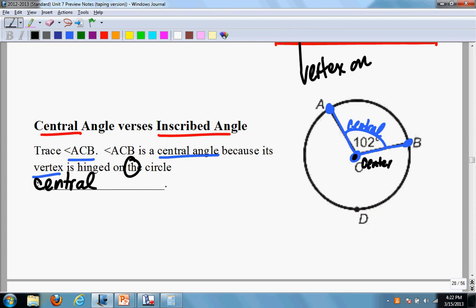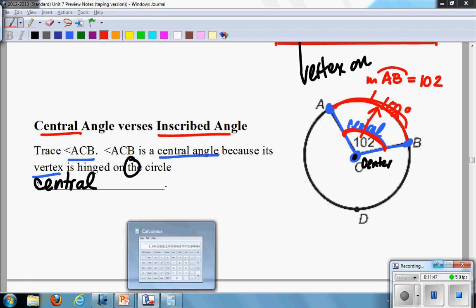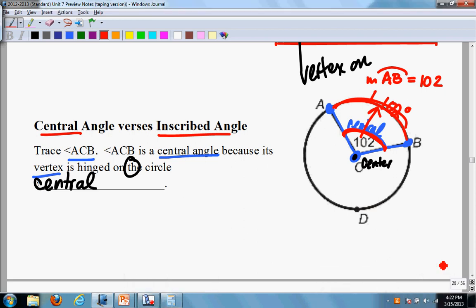And we learned previously that the measure of a central angle and its arc are the same. So if that's 102, the measure of arc AB is also 102 degrees, because the measure of a central angle and its arc are the same. That's your first angle of circles.